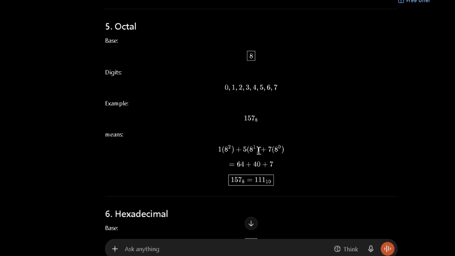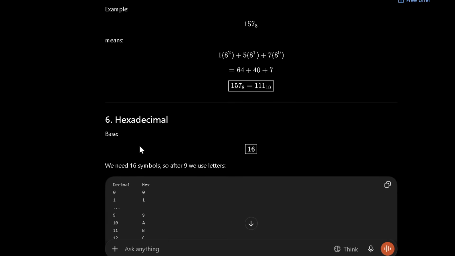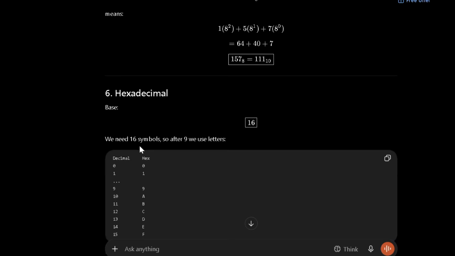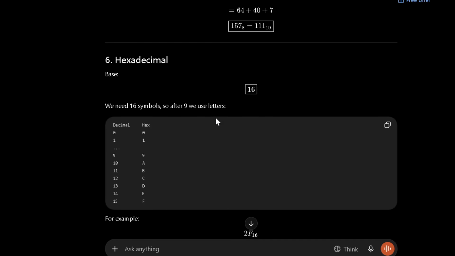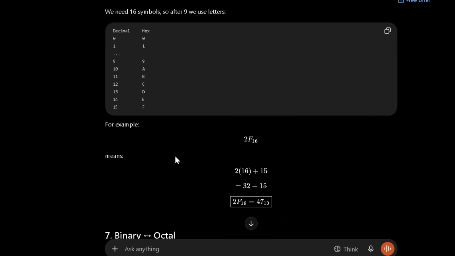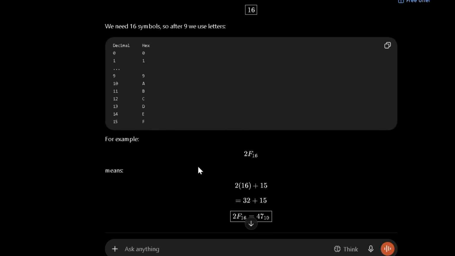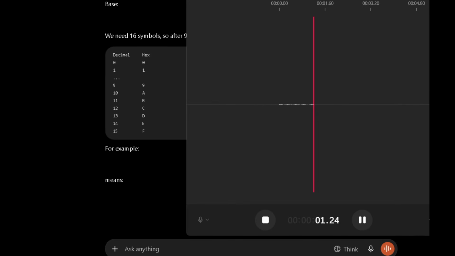Hexadecimal: for converting a base 16 number, we need 16 symbols, so after 9 we need letters. For example, 2F base 16, converting into decimal. Don't get confused here.